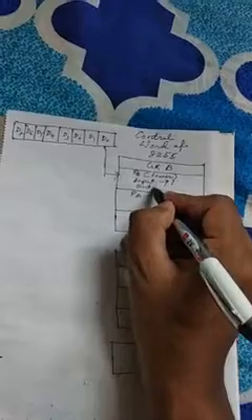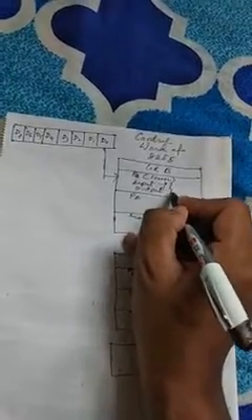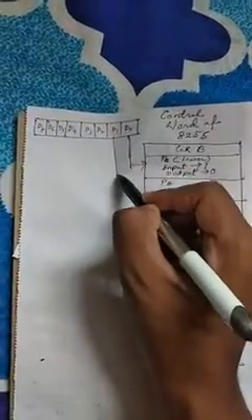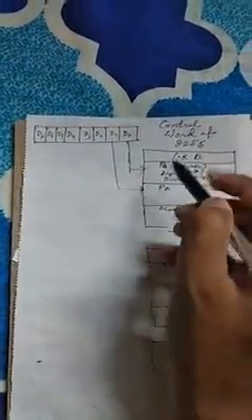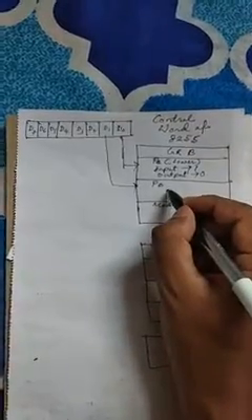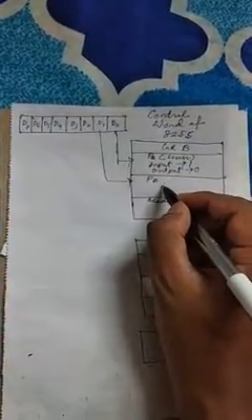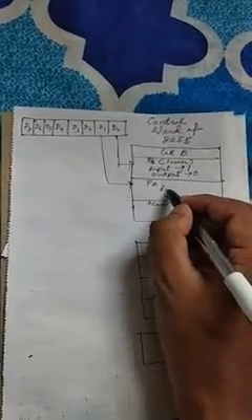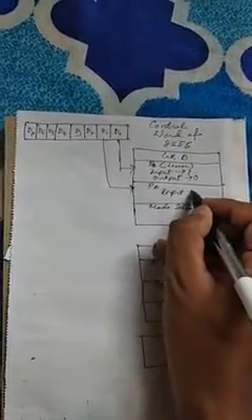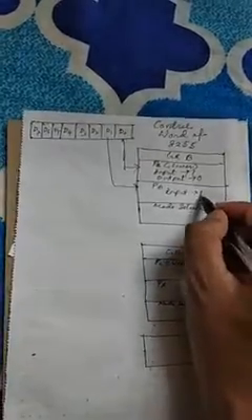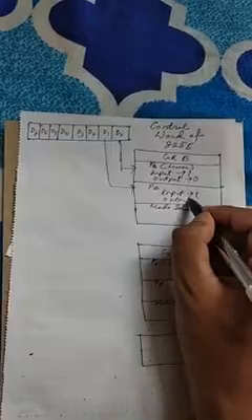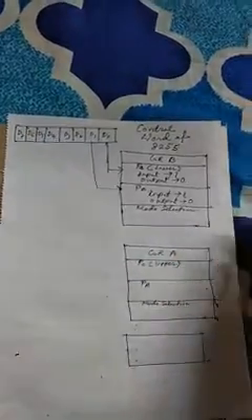If it is output, then that will be 0. D1 bit basically gives us, if the bit can be used as input, then that will be 1. If it can be used as output, then that will be equal to 0.